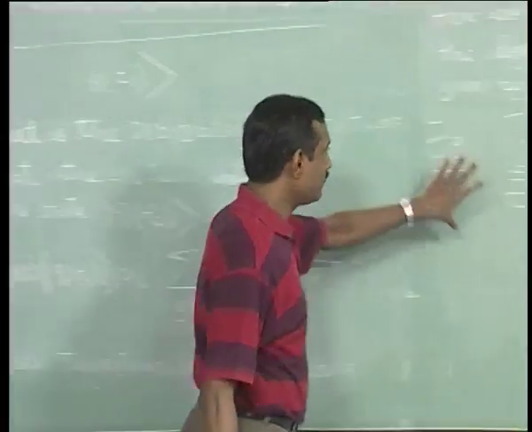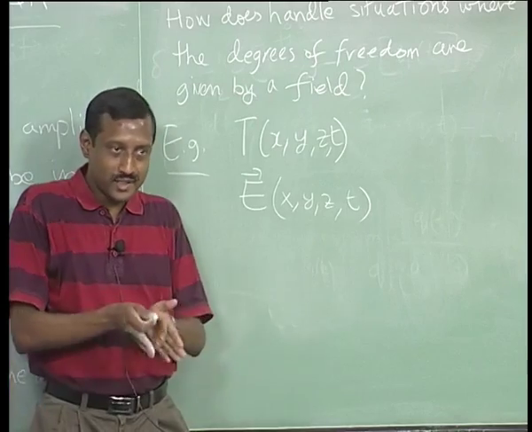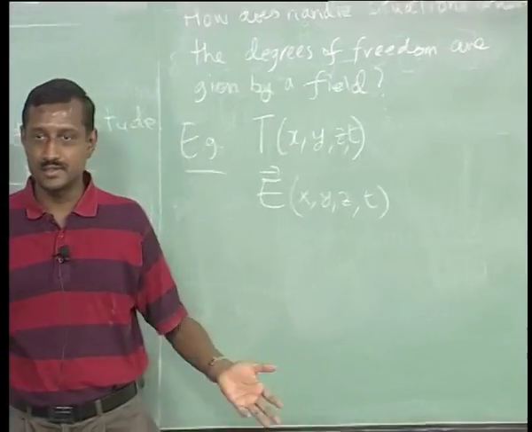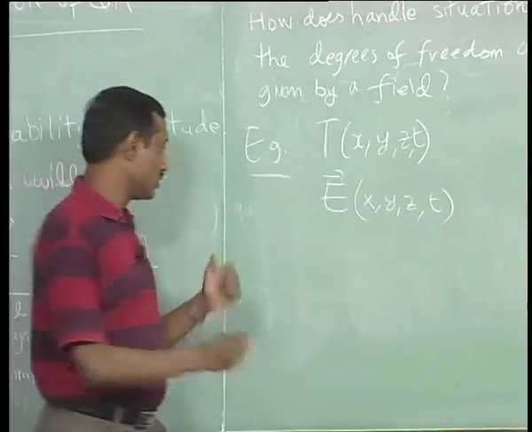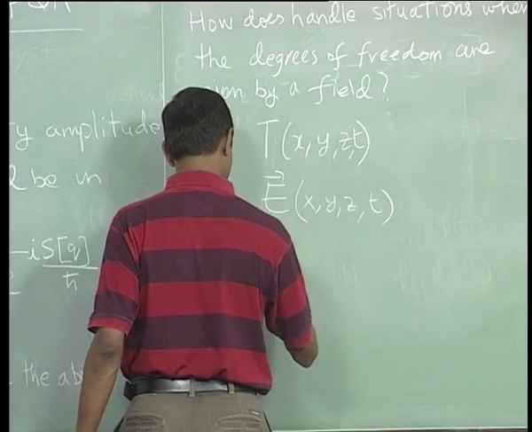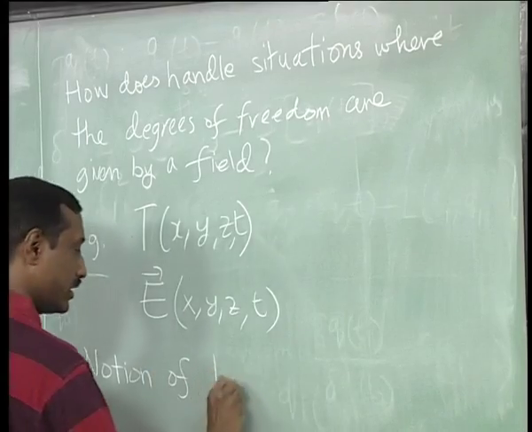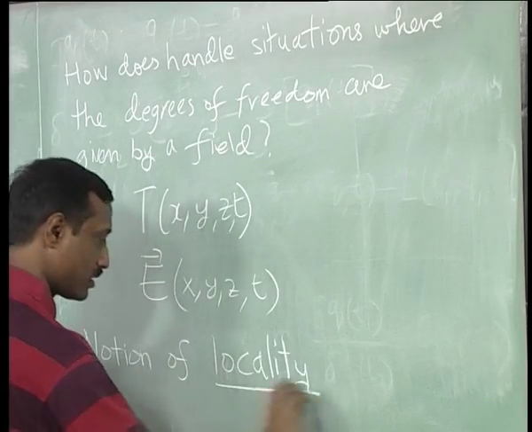So, the difference is that there is really extra data coming out here, that there is some physical distance between the degrees of freedom. So, there is a notion of what we will call locality in a field.